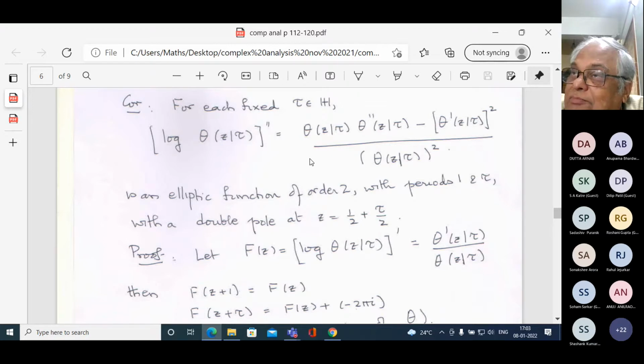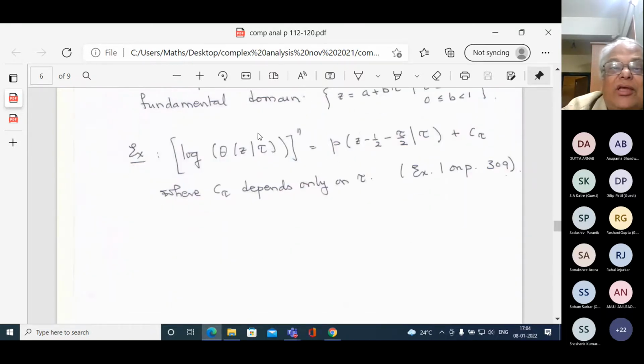But the Weierstrass P function has its poles at points in the lattice, and we want to shift the poles to 1/2 plus tau by 2. So I should take the doubly periodic Weierstrass P function and translate it to 1/2 plus tau by 2.